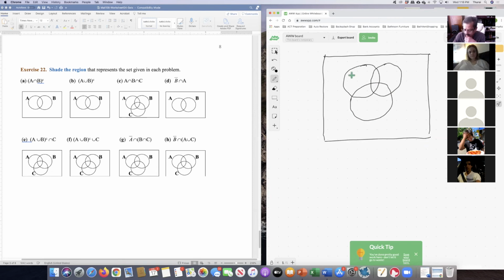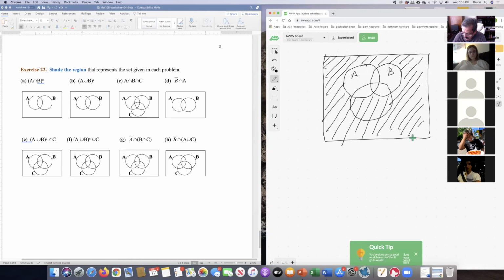So I'm going to go step by step. A union B bar complement: just like before, you shade all of the outside of A and B combined. So that'll be this. What I have shaded here is A union B bar.